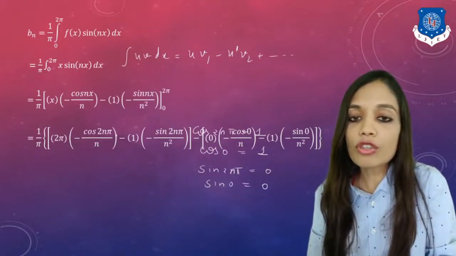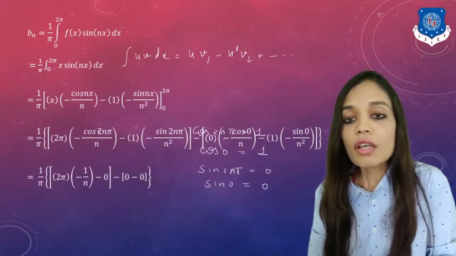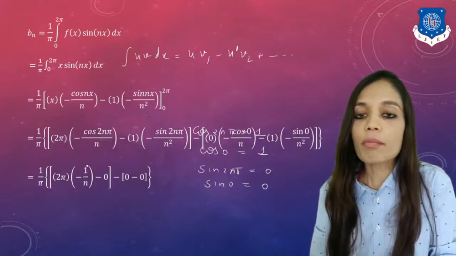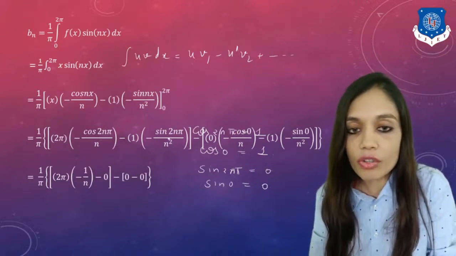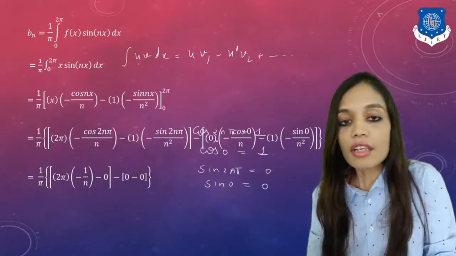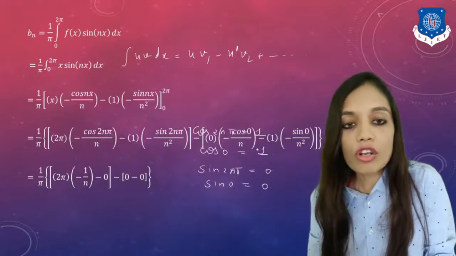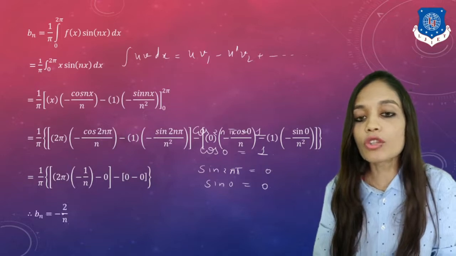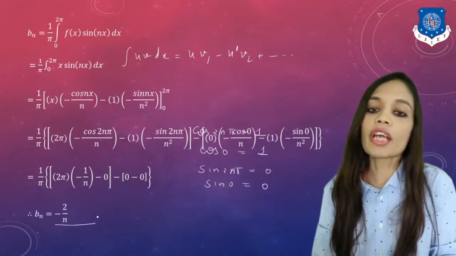Here cos 2n pi is 1, so we will get 2 pi times minus 1 upon n, this will be 0. Similarly, again this will be 0 and this also will be 0. So finally our answer of bn will be equal to minus 2 upon n.